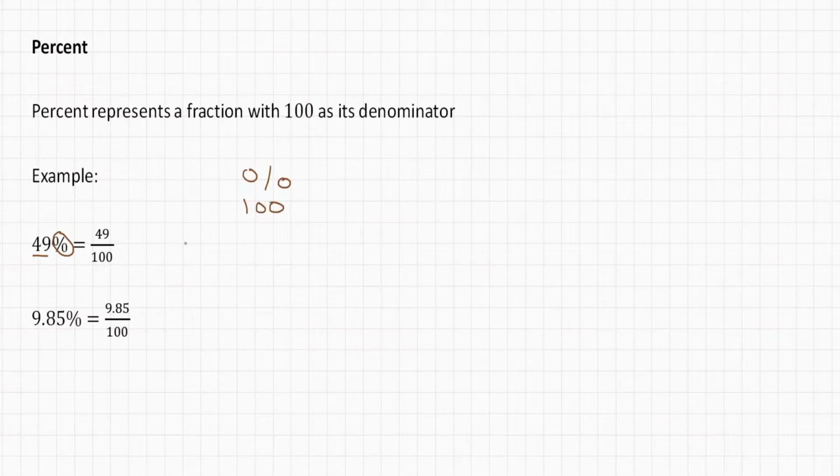That's kind of how I remembered it, and it's stuck ever since. So 9.85% is 9.85, and then I need 100 as its denominator. So when you say percent, the number to the left of the percent is your numerator, and then 100 is your denominator.